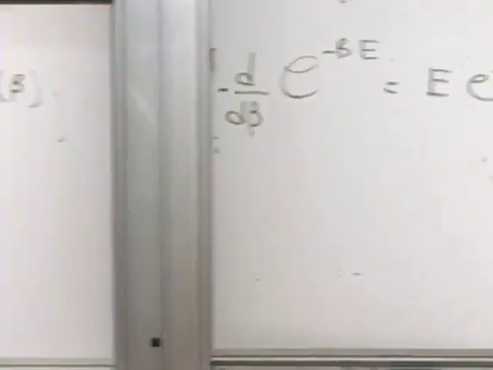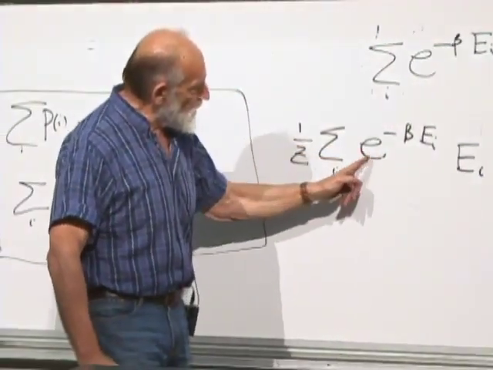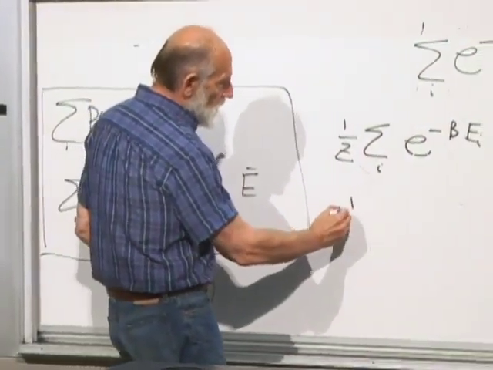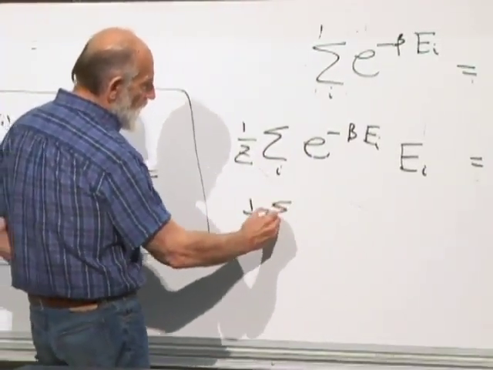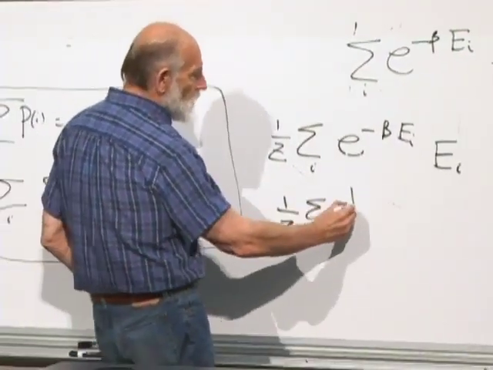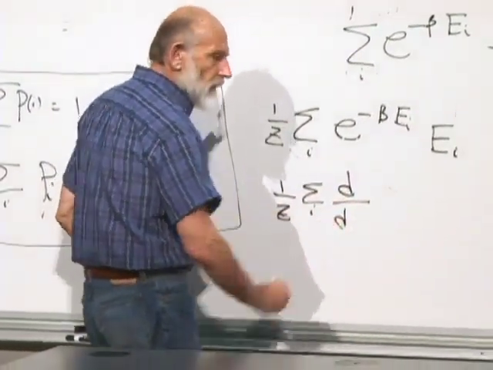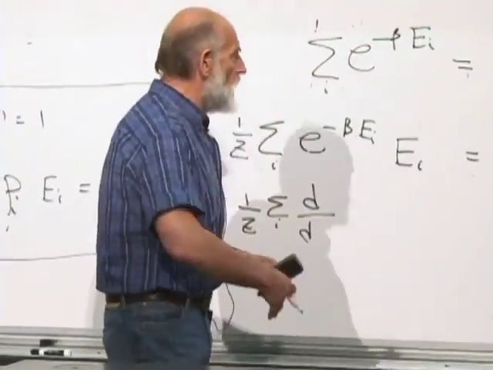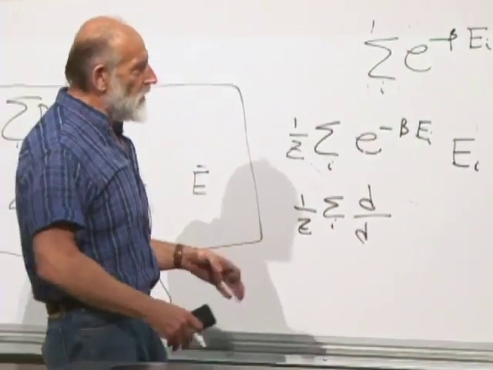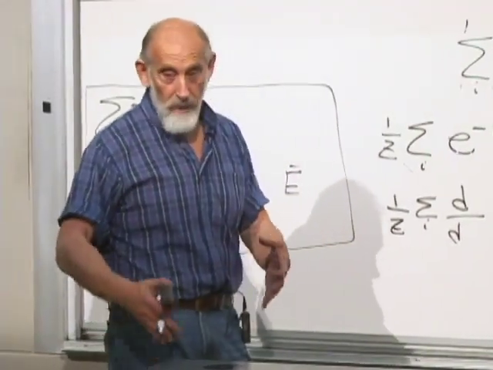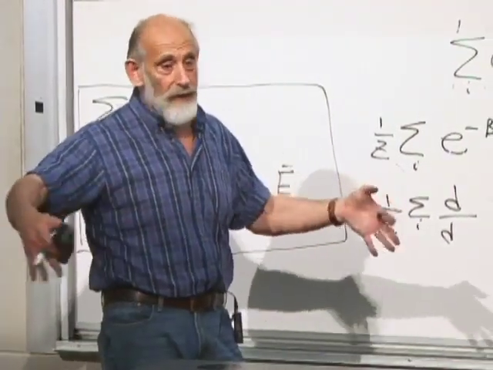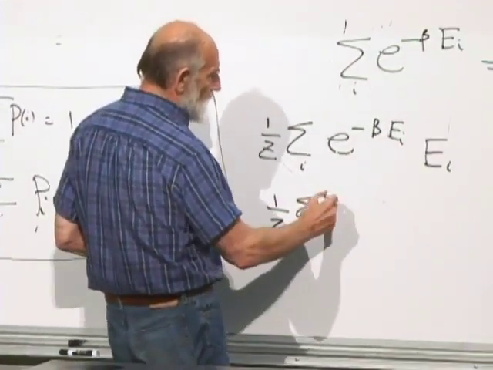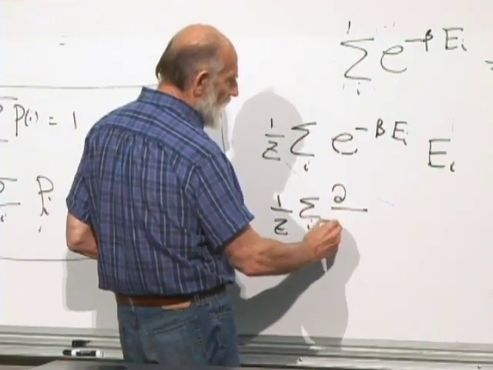All right, so every place here where you see e times e to the minus beta e, let's write it as 1 over z, sum on I, derivative with respect to beta. I'm going to write it as partial derivative with respect to beta. The reason is, later on, not now, there are going to be more variables in the problem. Volume, magnetic field, all sorts of things. And I mean differentiate, keeping all those other things fixed.